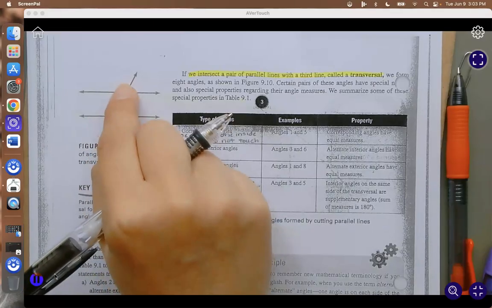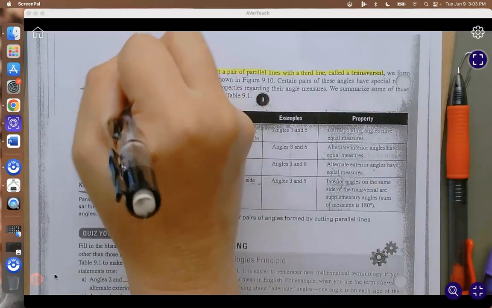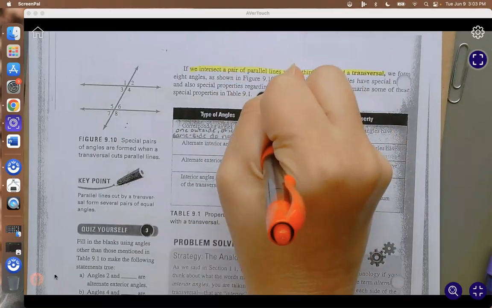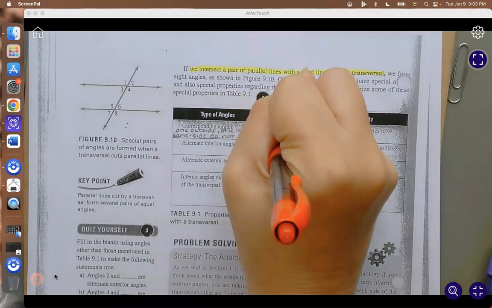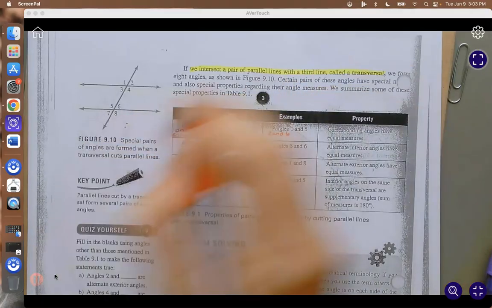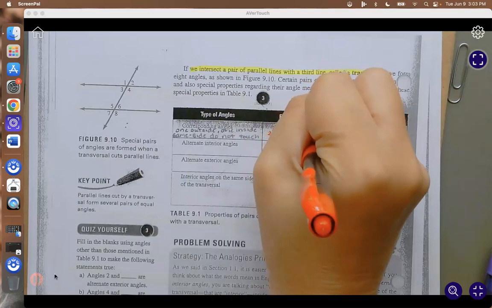Okay, so 1 and 5, 2 and 6. I'm going to list these here. The next set, 3 and 7.